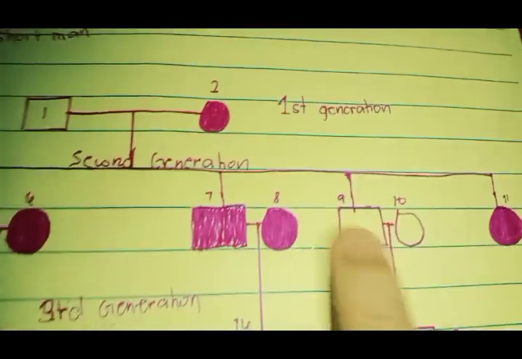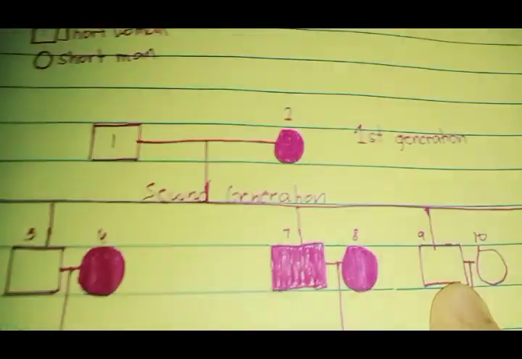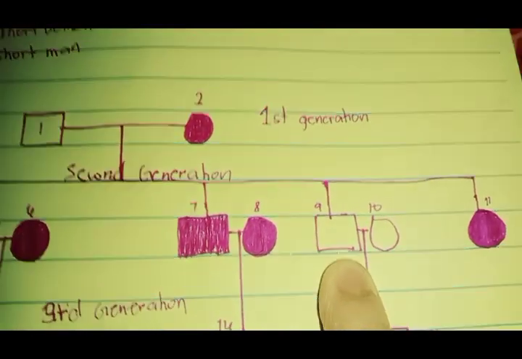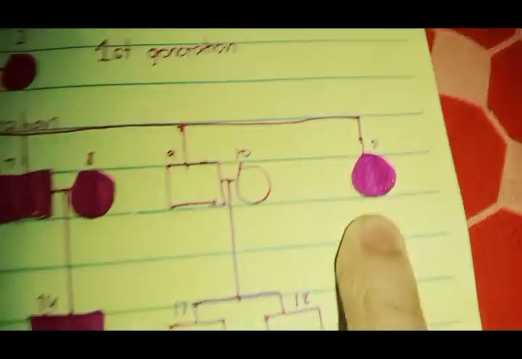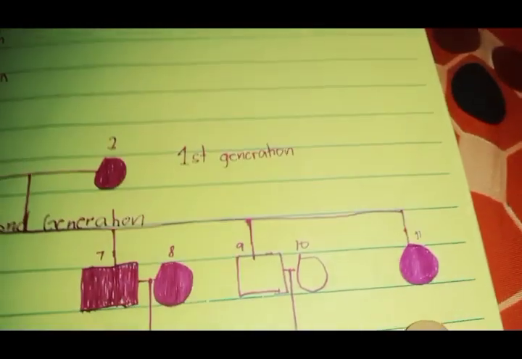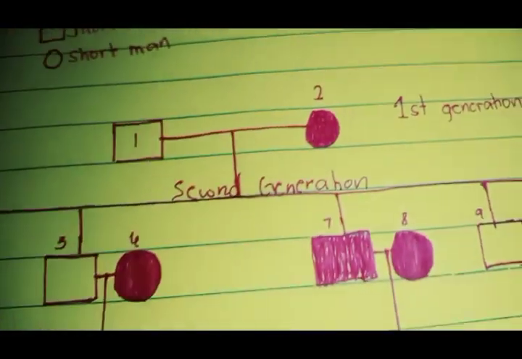And in here, this is my mom, the ninth box, which is an empty square. That means my mom is a short woman, and my mom married a short man. And lastly, you can see here my Uncle Nuno, who is a tall man as well, a shaded circle. So we already introduced the first and the second generation.